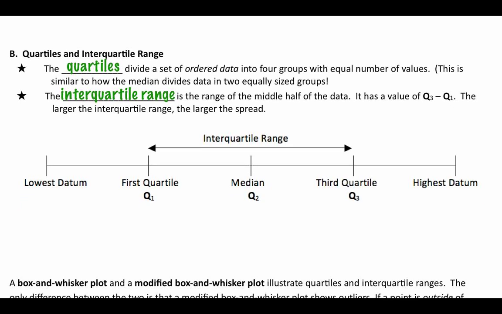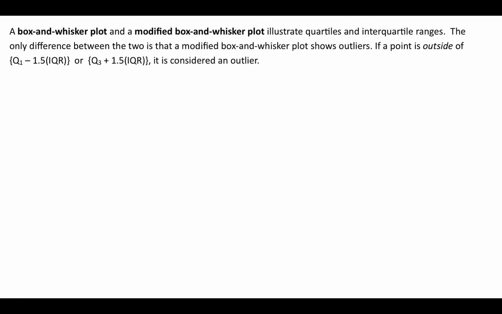So it's a nice way to compare data without falling victim to the outliers messing up your mojo. That's great. So a box and whisker plot, or conversely, a modified box and whisker plot, are illustrations that we can use to demonstrate quartiles and interquartile ranges. The difference between a box and whisker and a modified box and whisker is that the latter shows outliers. So a modified box and whisker plot will show outliers where a regular version will not.